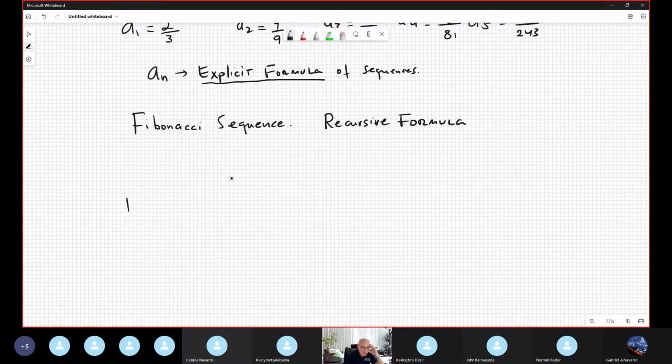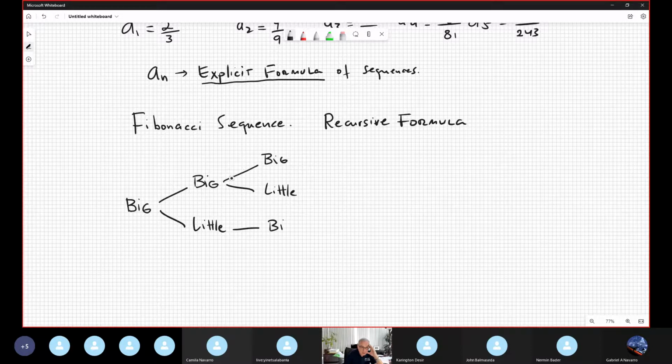We have one big adult animal, and it gives me another big one, and one is a son, a child, a little one. Then in the next step, the big is split exactly like that, big and little. But the little one converts to big.